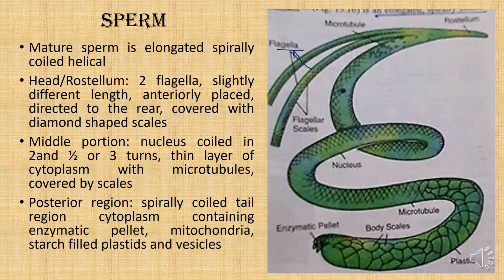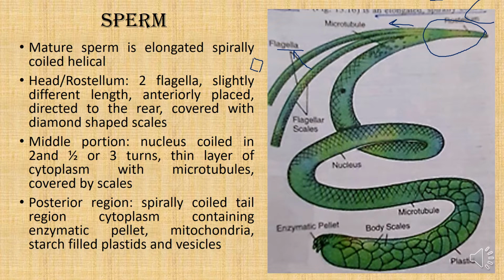One is much smaller and another is larger. The entire body of the flagella is covered by diamond shaped scales. The two flagella of unequal length are placed in the anterior portion, that is this portion. They are anteriorly placed but posteriorly directed.